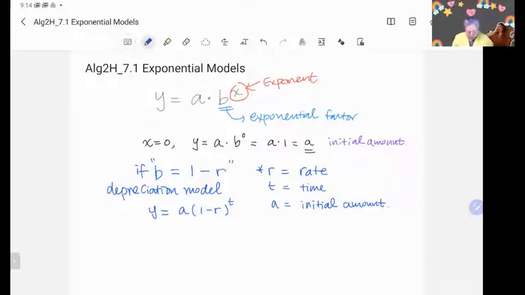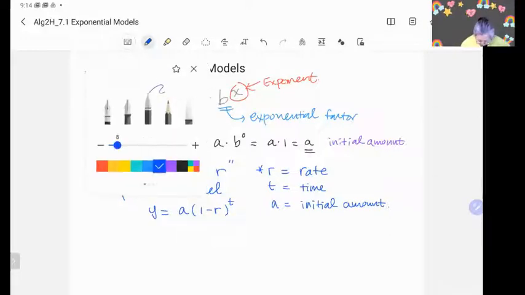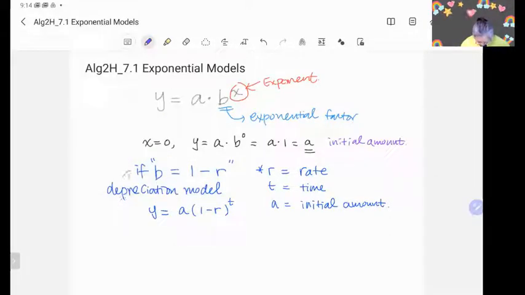Then what could the exponential growth be? Compared to this, instead of going down, instead of decreasing, if something is exponentially increasing by a certain rate, then it's going to be this.